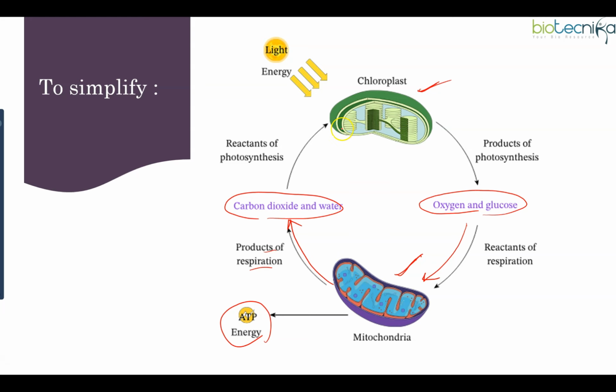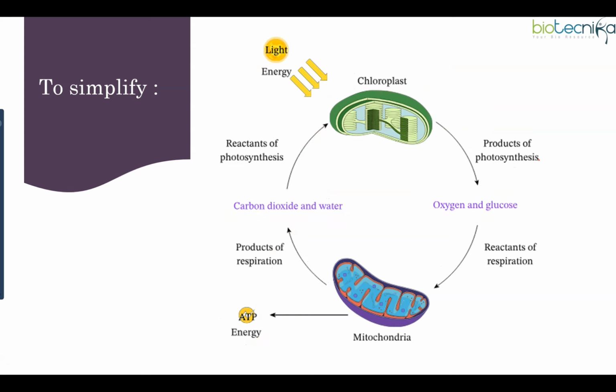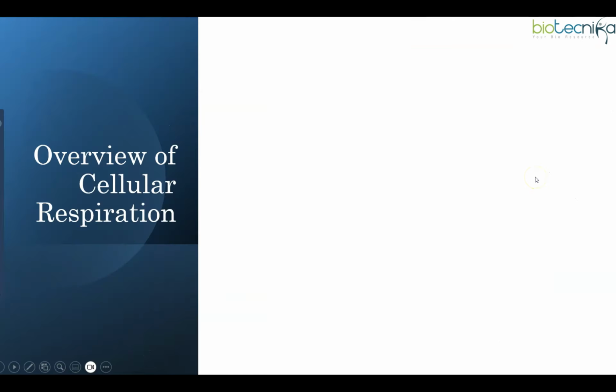Whereas in photosynthesis, this carbon dioxide and water are utilized, and with the help of light energy, through some processes, they are converted into glucose and oxygen. So these are the products of photosynthesis. There are a lot more details in here, but remembering the basic elements of these two processes is very crucial.